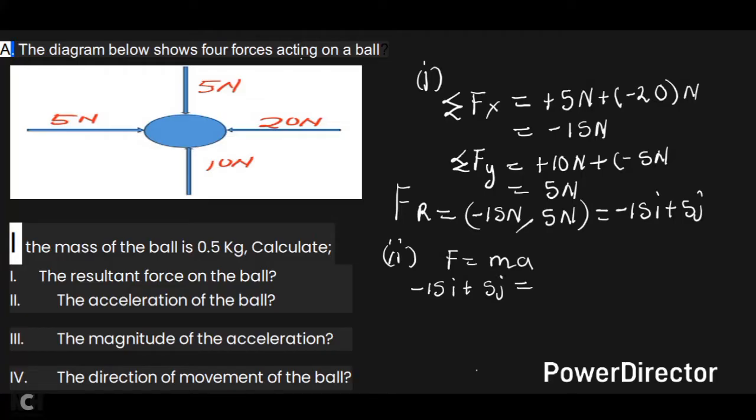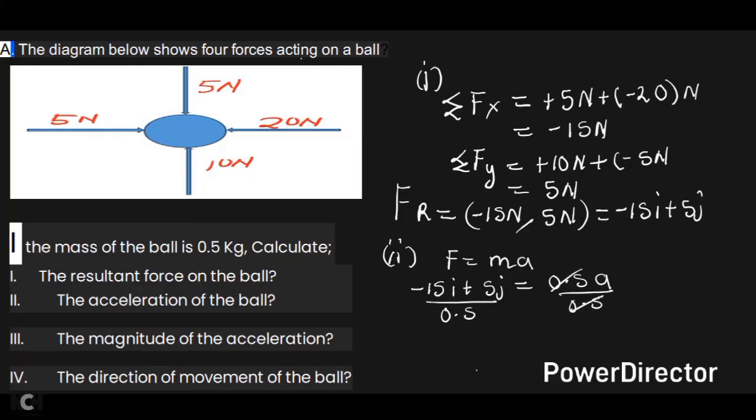What was the mass given in the question? The mass they have given us is 0.5. Remember, we're calculating acceleration, so we need to make a the subject of the formula.